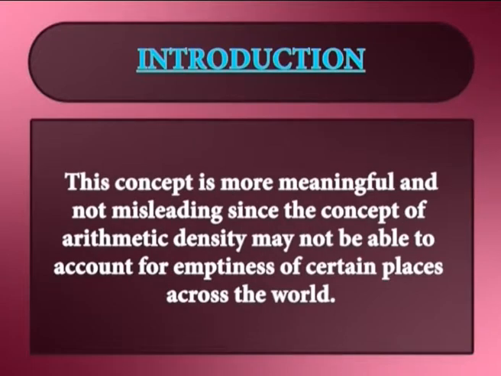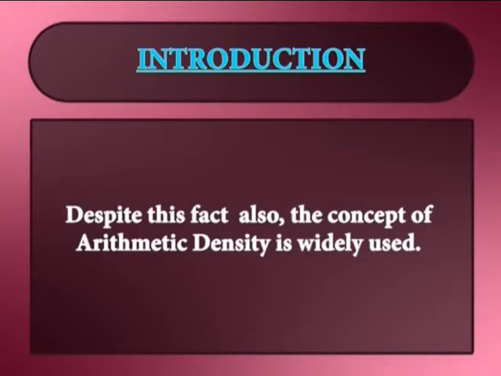This concept is more meaningful and not misleading, since the concept of arithmetic density may not be able to account for emptiness of certain places across the world. Despite this fact, the concept of arithmetic density is widely used.